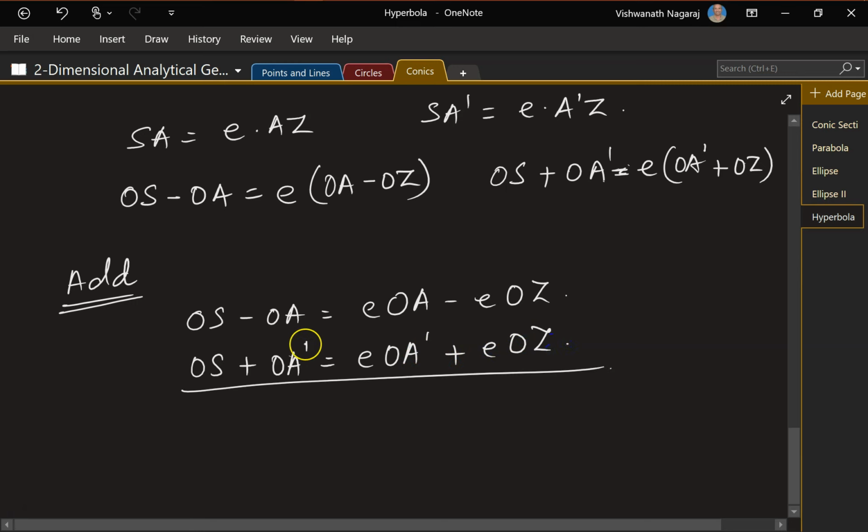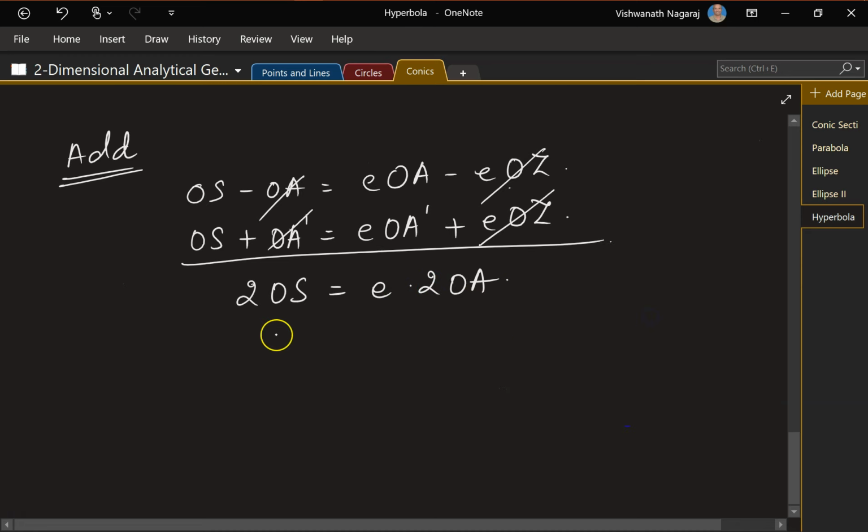Now when we add it, these two get cancelled because OA is equal to OA prime. This and this get cancelled. So 2OS is equal to E times 2OA. This 2 and 2 get cancelled and we are left with OS is equal to EOA.